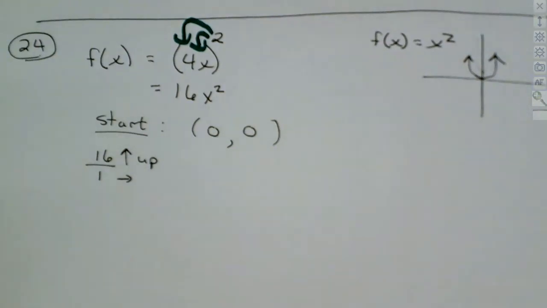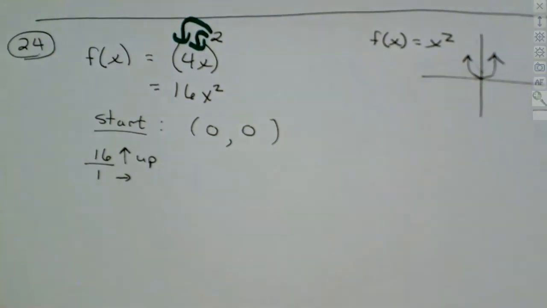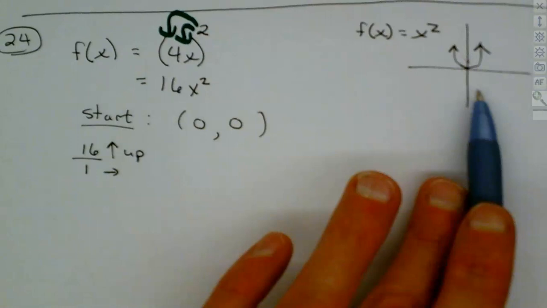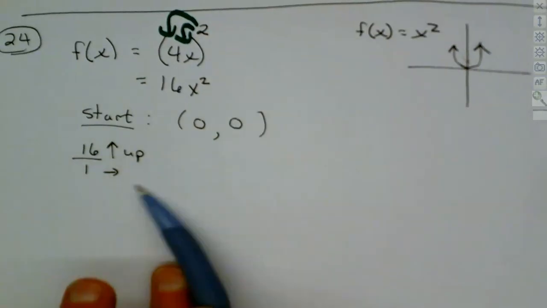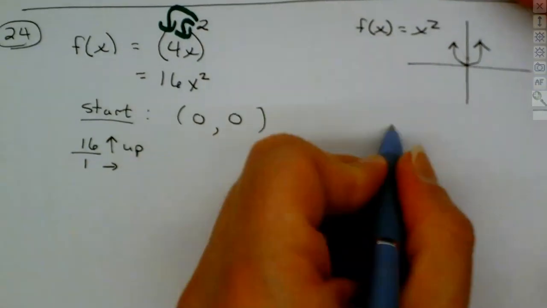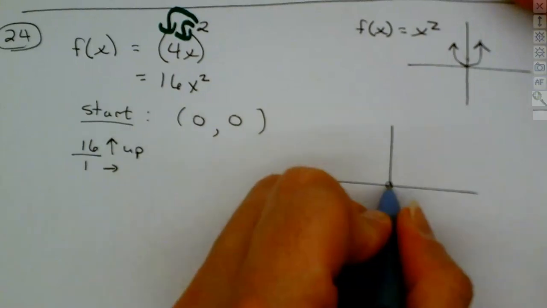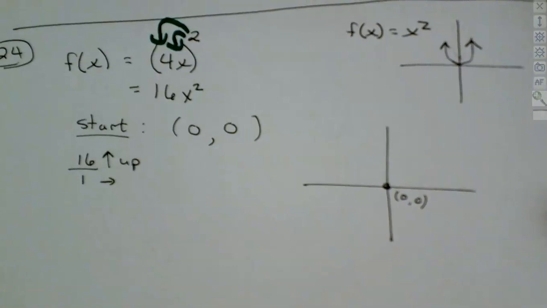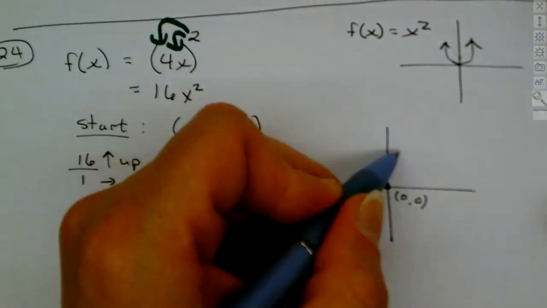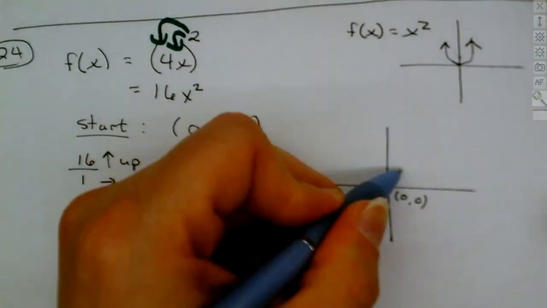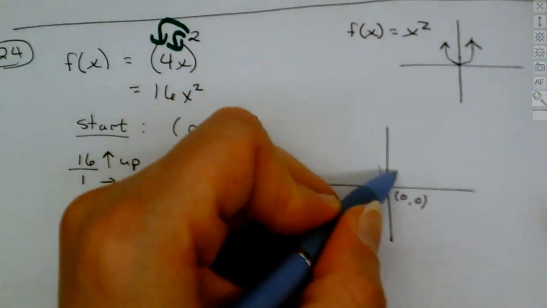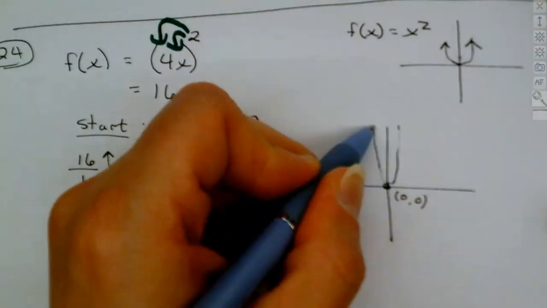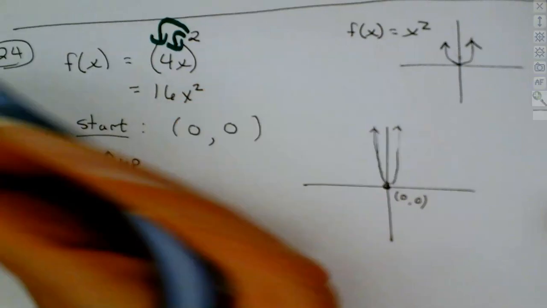What I'm going to be looking for on the test is the graph. It's not going to be this exactly, but you get the idea. I want to see that you're going to start at 0, 0. Okay? And it's going to be very narrow and go up like this. Why is it going to look very similar to this?